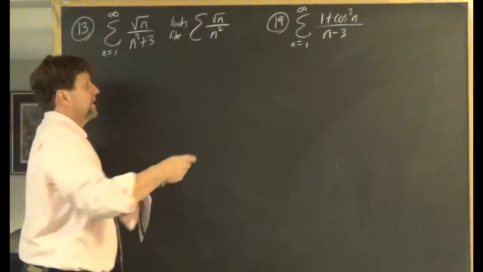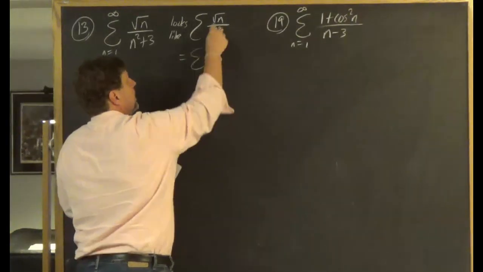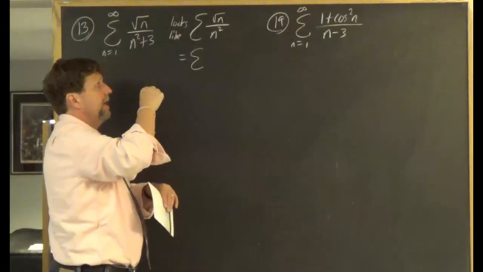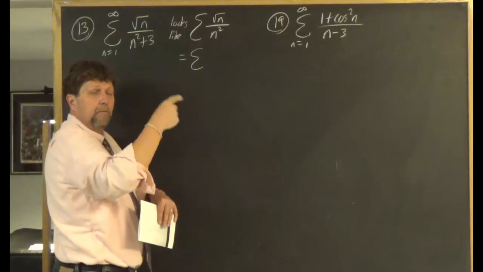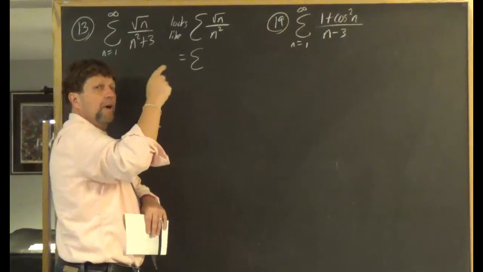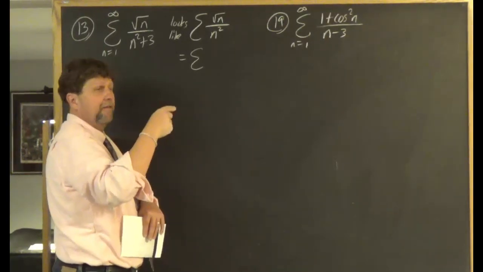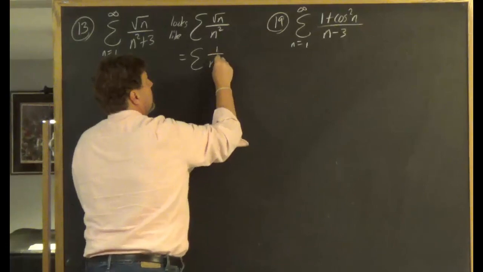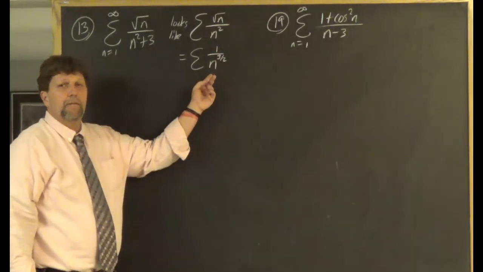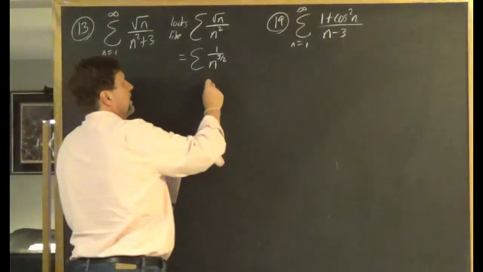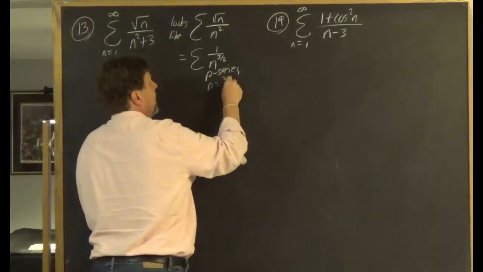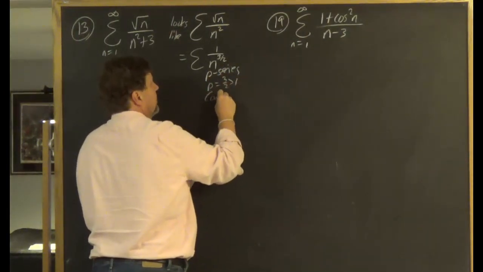It resembles that series, which we know is, well, square root of n, that's n to the 1/2, and the bases are the same, so you'd have n to the 1/2 divided by n squared. When the bases are the same and you're dividing, you subtract the exponents. So 1/2 minus 2 would be negative 3/2. So that's 1 over n to the positive 3/2, and we know something about this. We know this is a p-series. P is 3/2, which is greater than 1.